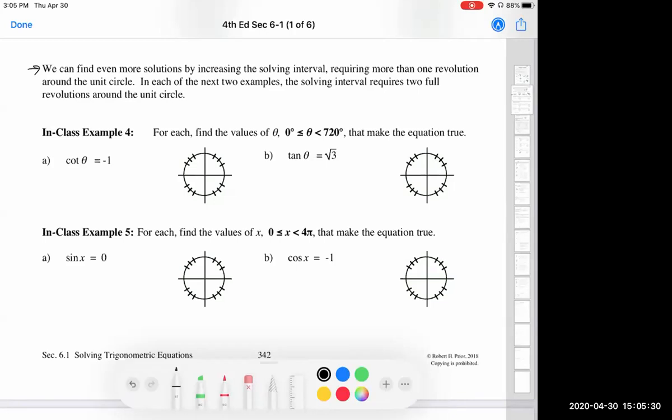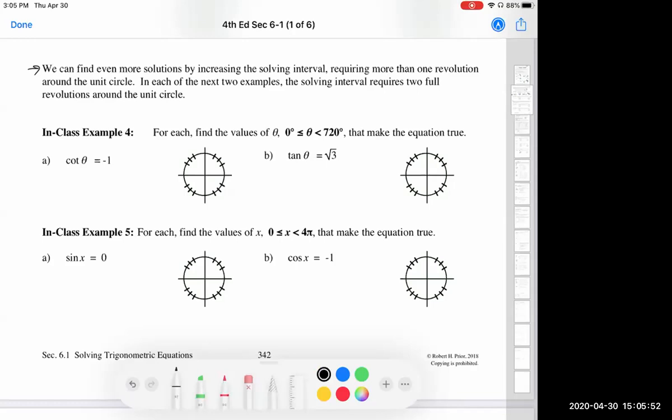So I want to work with 2 revolutions around the unit circle, right? But I only need to work with one of them, and then from there add 360 or add 2 pi, depending if we're working in radians or degrees. So let's do example A in example 4 and example 5.